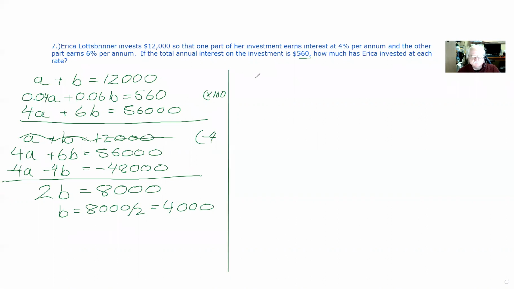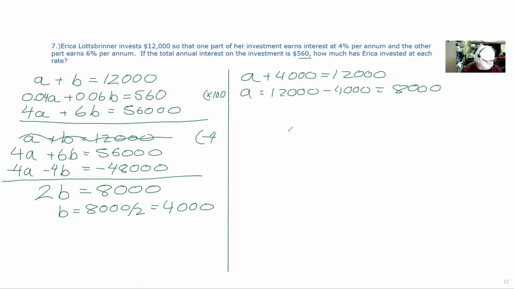So the first one, A plus 4,000 equals 12,000. A must equal 12,000 minus 4,000 equals 8,000.